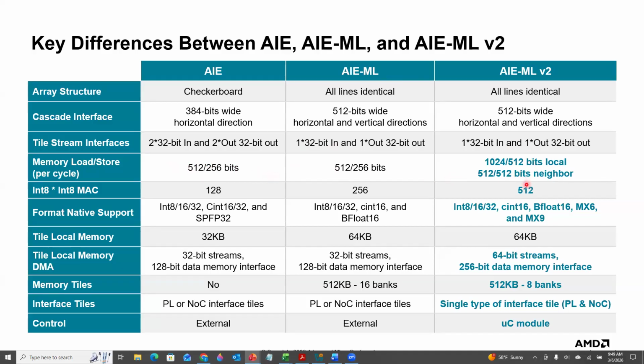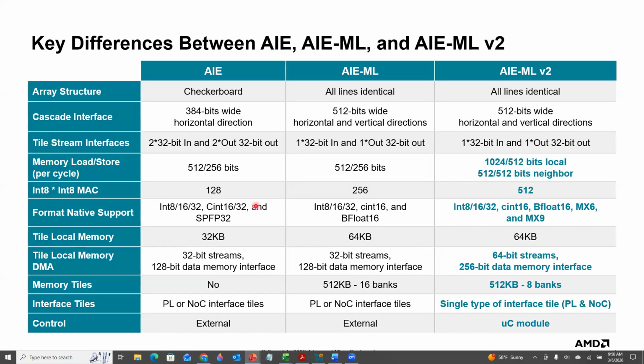And the newer families, you also have a little bit more flexibility because now you can go not just from the local tile, but then to the neighboring tiles in a way that's more flexible. So you can do all the way up to 1024 load, 512 store.